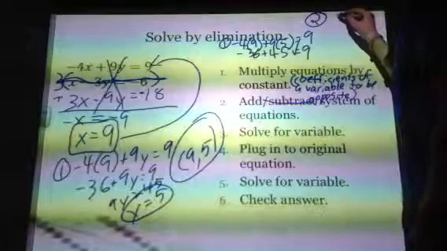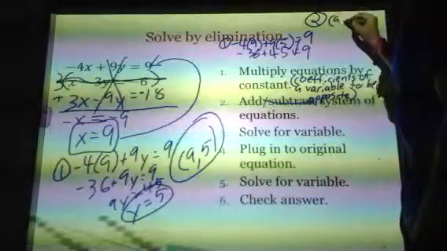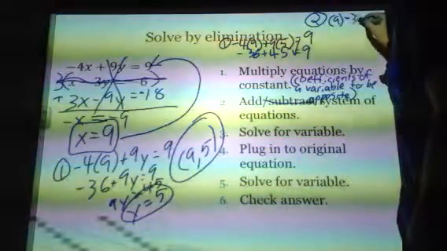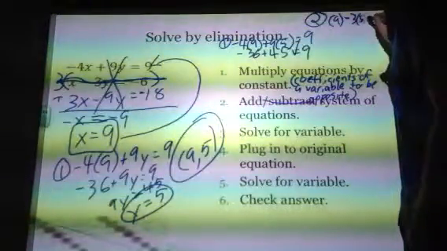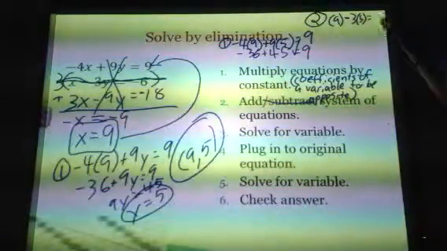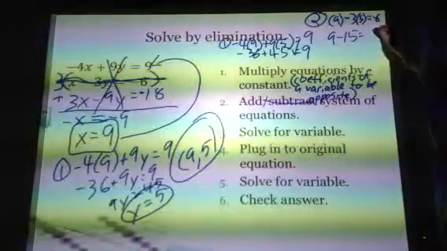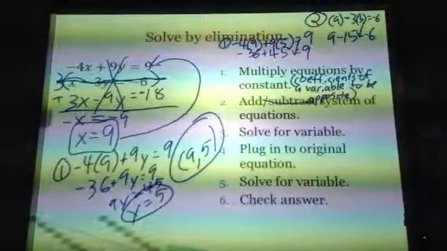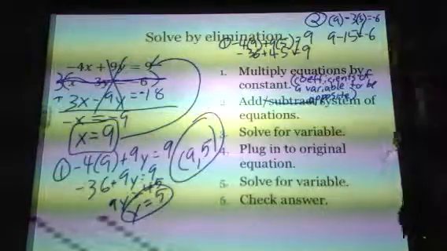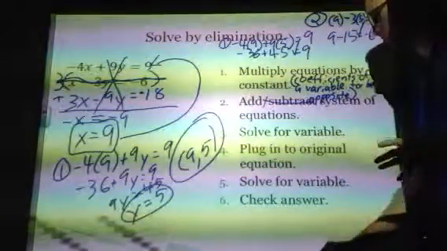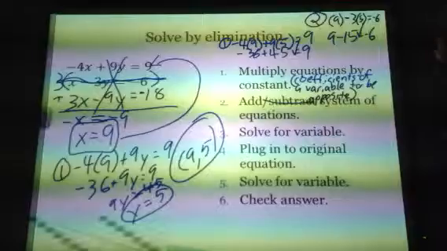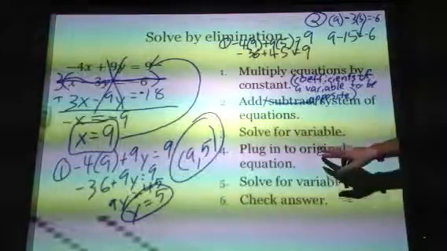So x was 9 minus 3 times 5 equals negative 6. So that's going to be 9 minus 15 equals negative 6. That's a true thing. 9 minus 15 is negative 6. So our solution to this system works. Our solution of 9, 5 works for both of the equations.